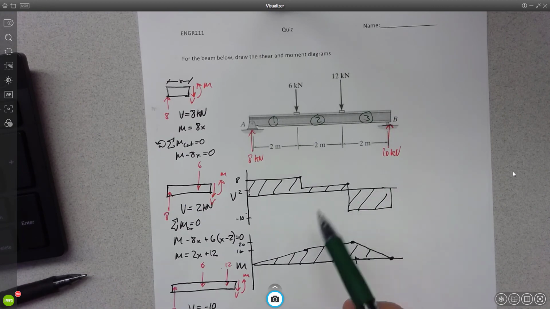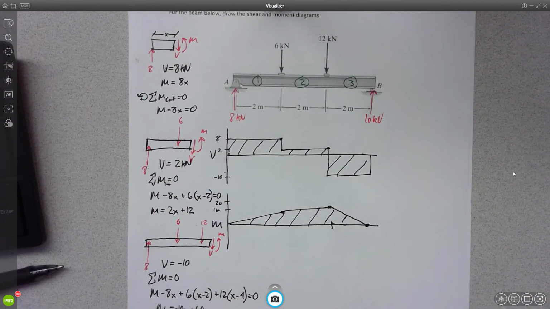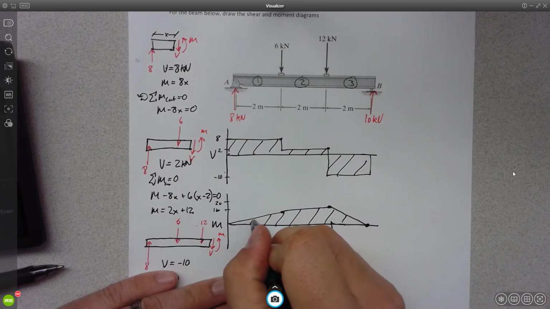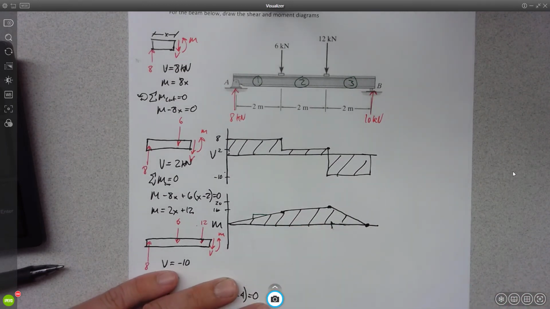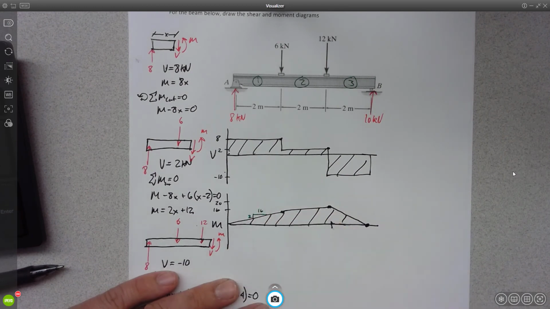Let's go a step further, though. Do you notice any relationship between the shear and the moment diagrams? It's the derivative. What do you mean it's the derivative? Your slope changes based on the value of the shear. In fact, the slope right here, we go 16 horizontal for going up 2.